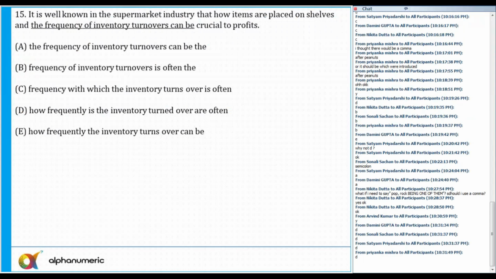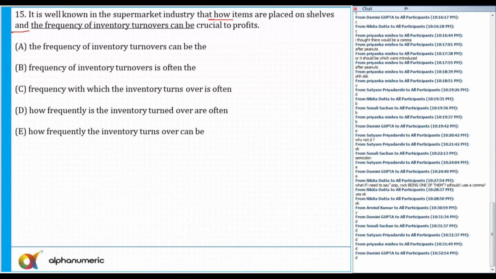Question number 15. It is well known in the supermarket industry that how items are placed on shelves and, it has to be parallel. There are two things: how items are placed on shelves and how, again I'll have to use how.